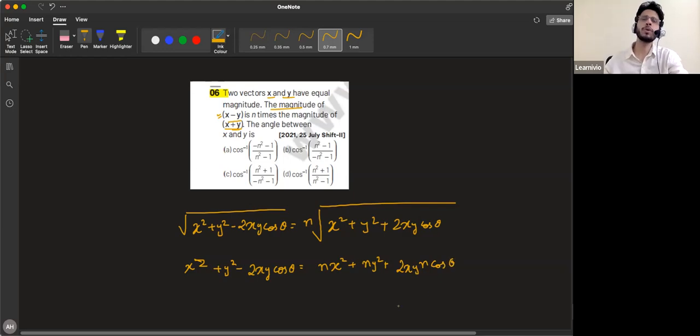In the next step, it should be n square. Yeah, n square. Thank you. Now, x and y have equal magnitudes, so instead of y, I can write x. So it will be twice x square, since y and x are equal, minus twice x square cos theta.